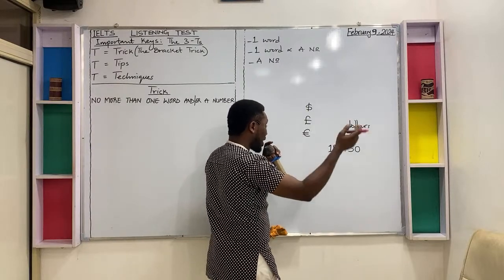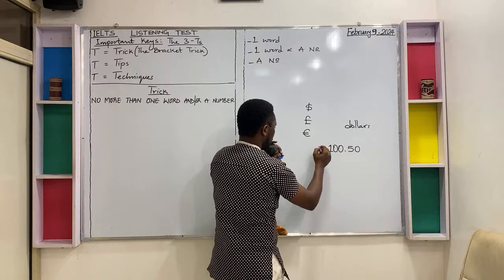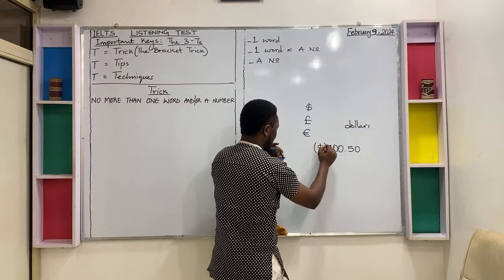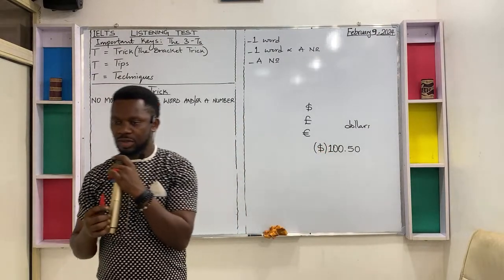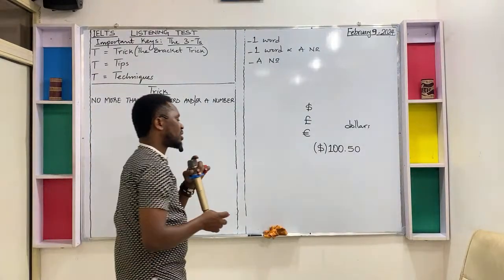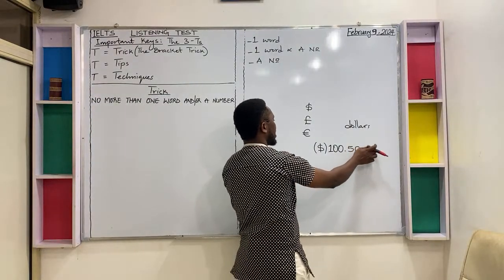Now you heard dollars from the audio. So what you do is, on your answer sheet, write your 100 label this way. You understand? Don't write dollars here.